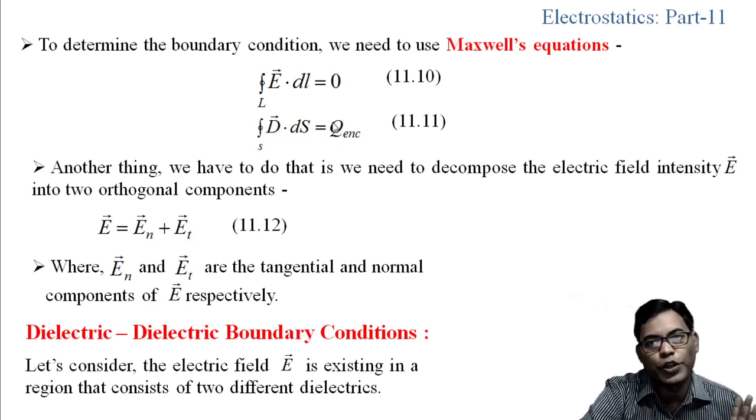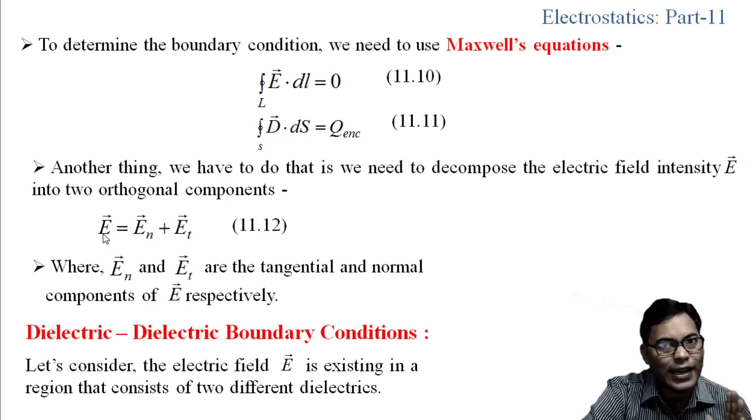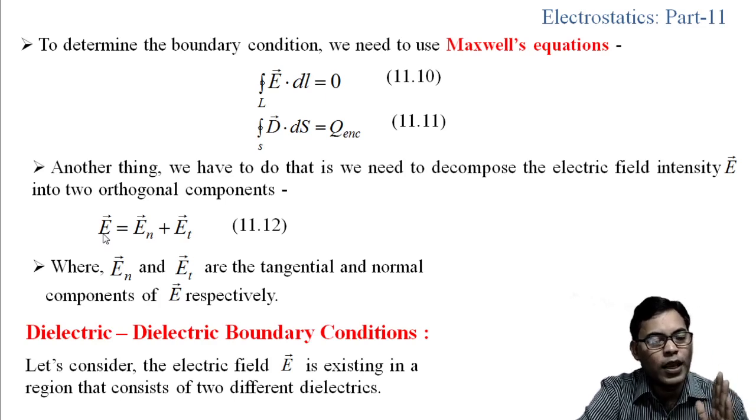Another thing we need to remember is that we need to decompose the electrostatic field into the normal component and the tangential component. Here E is the electrostatic field propagating from medium 1 to medium 2, and it can be decomposed into a tangential component and a normal component.